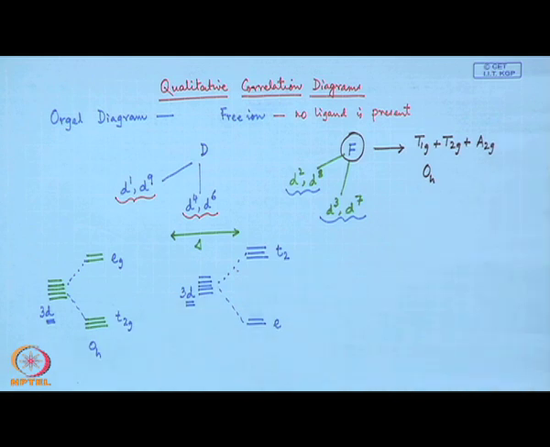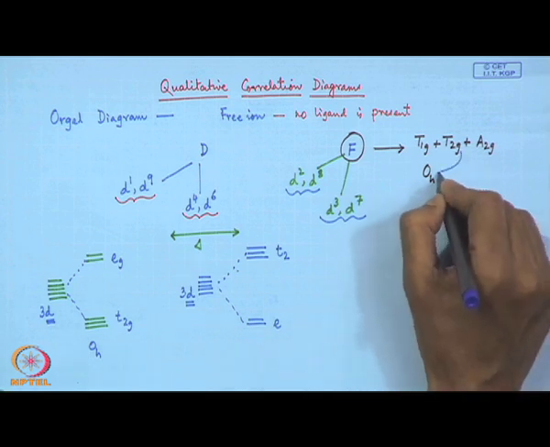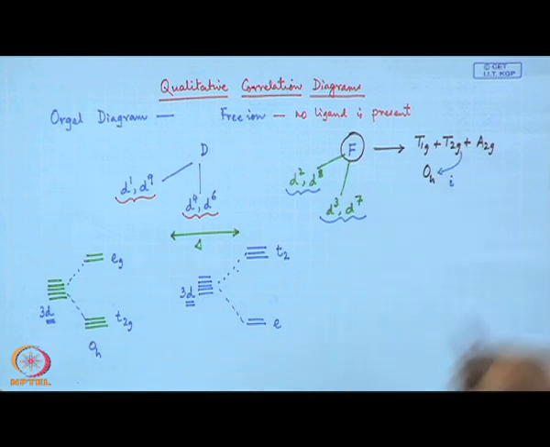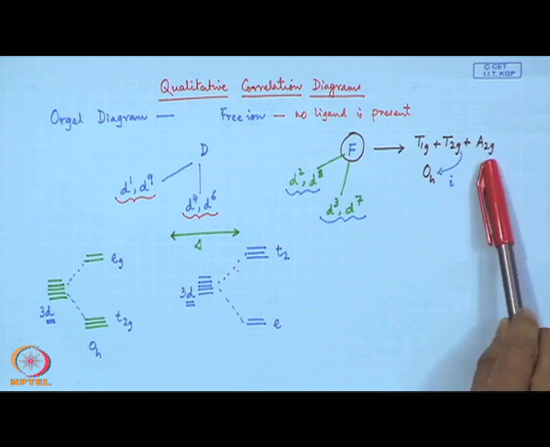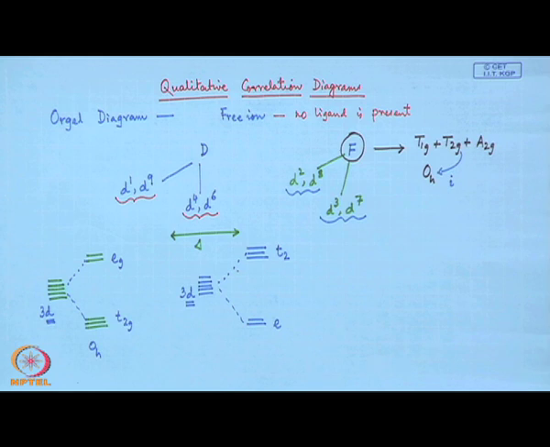These G subscripts are for the octahedral symmetry because the inversion center is present, and we will drop these G subscripts when we talk about the tetrahedral symmetry.